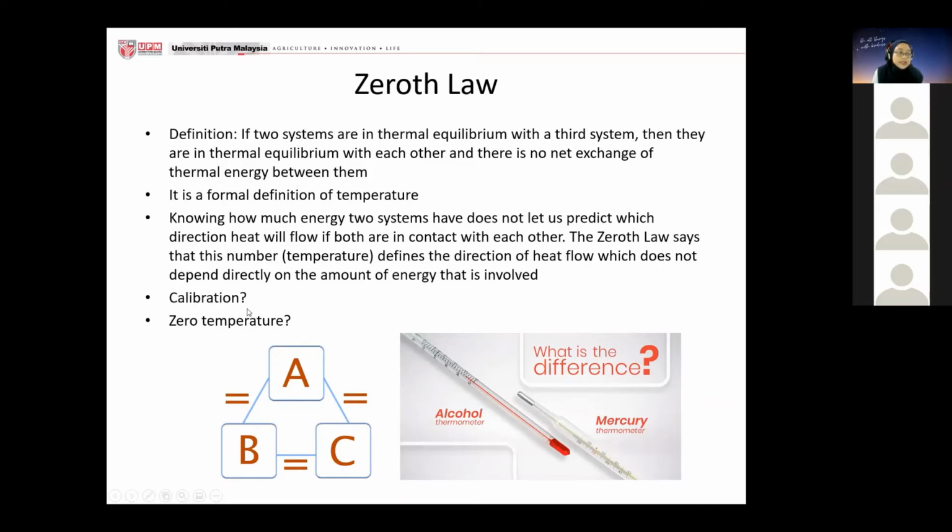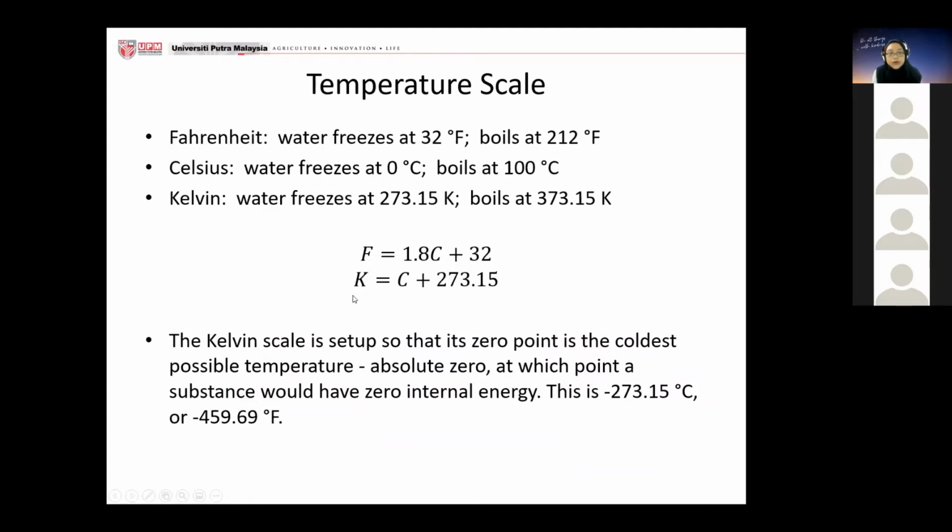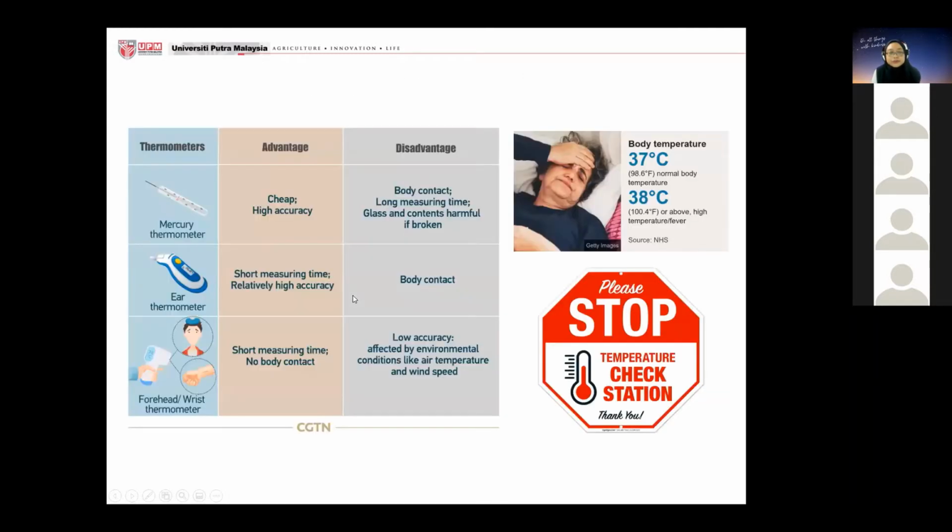Calibration is very important, especially now with COVID. I don't know if you guys have ever experienced this. You go to a place and they take your temperature, and it's something like 32 or 30.